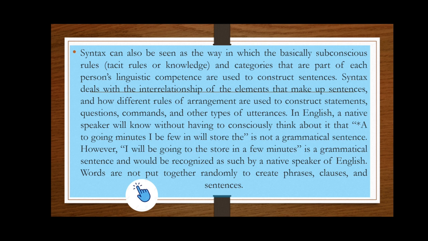So even in a sentence, because what is syntax? Syntax is the arrangement of words in a sentence. But if we do not properly order these words in a sentence, our sentences would be ungrammatical. And where do we learn these rules from?